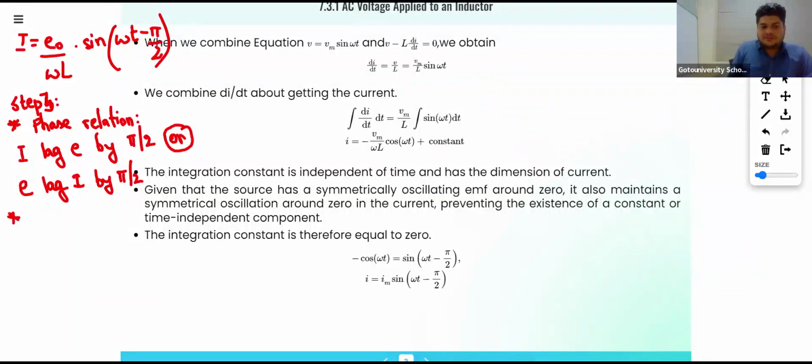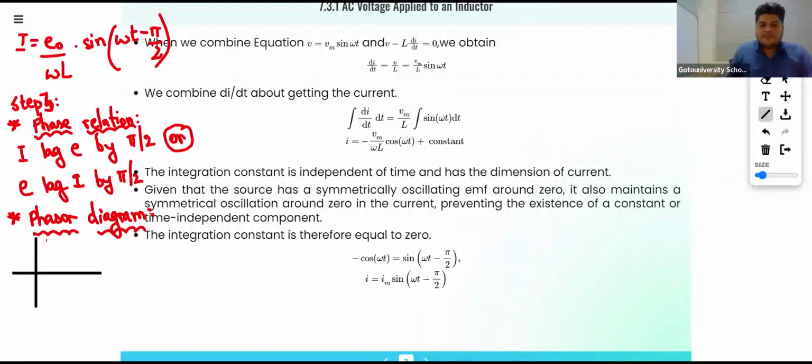This is the phase relation, then the next one will be the phasor diagram, and after that we'll have the graph. What do you mean by phasor diagram?